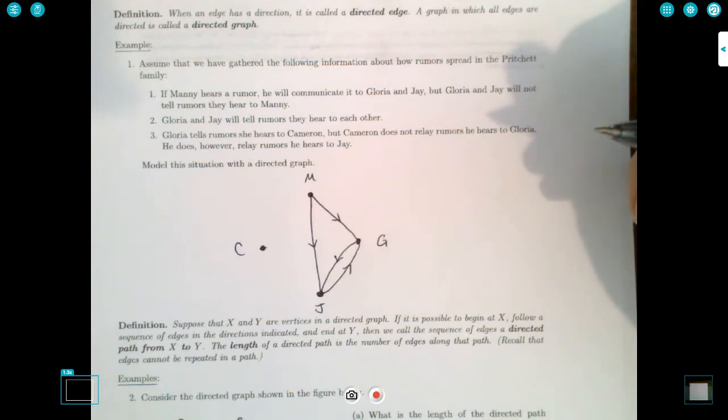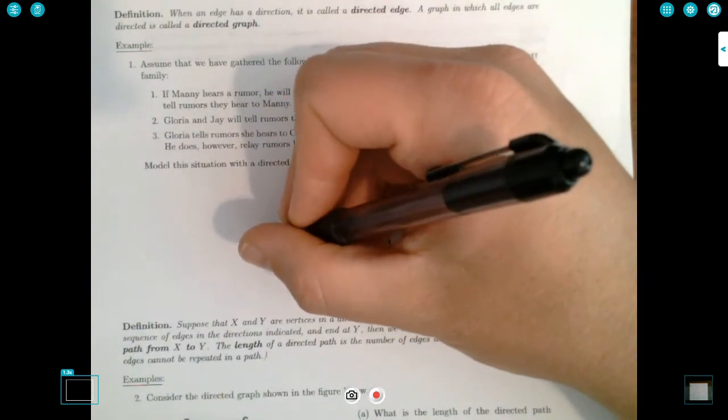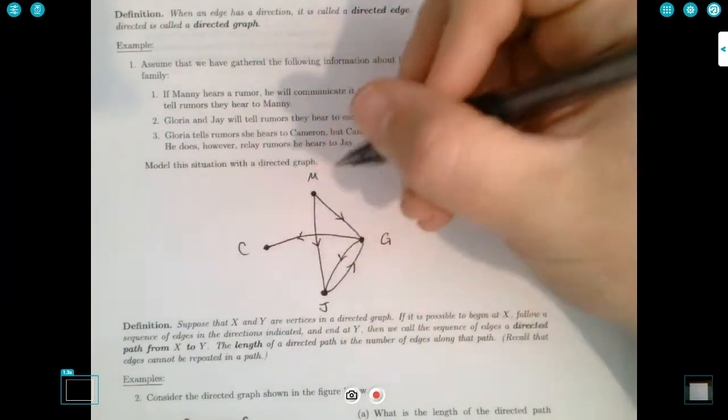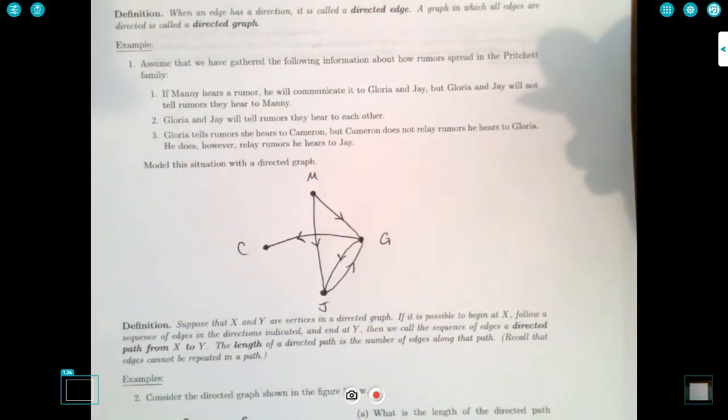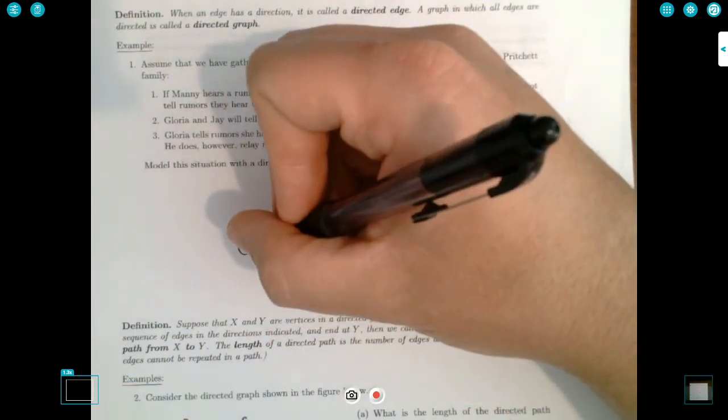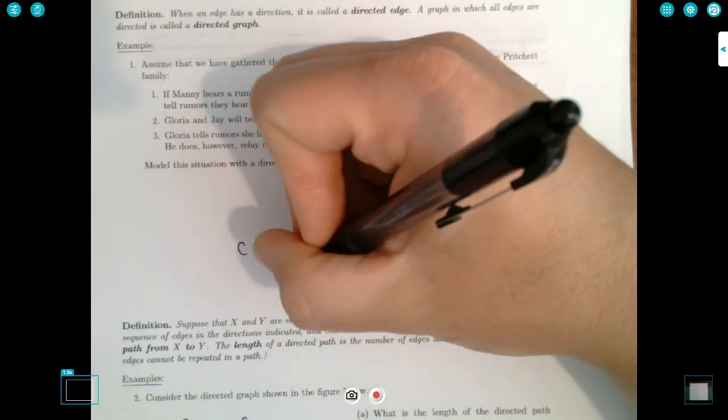Gloria tells rumors to Cameron, but Cameron does not tell rumors to Gloria. So there's a line here that goes from Gloria to Cameron, but not the other way around. However, Cameron does relay rumors that he hears to Jay. So Cameron will talk to Jay.